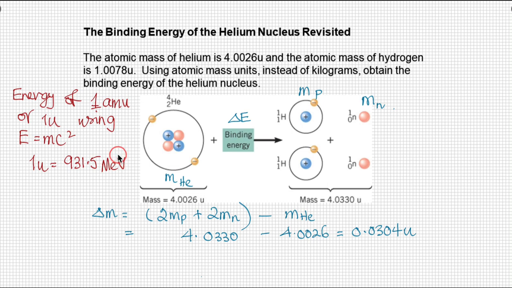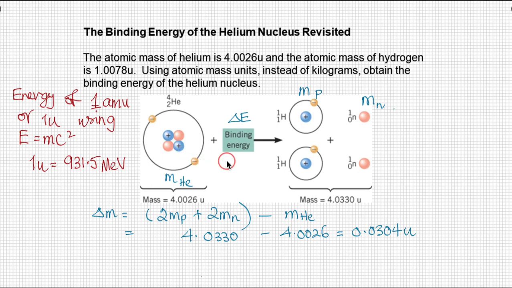We'll talk more about the electron volt down the track. We need to have some understanding of the electrical nature of energy, but we'll talk about that later. But at this point, all you need to know is that one atomic mass unit is equivalent to this much energy based on this equation.